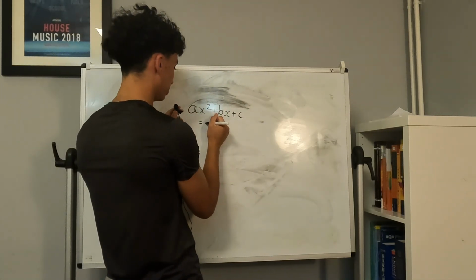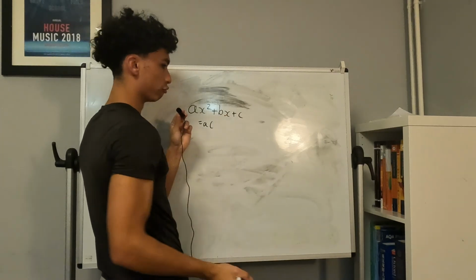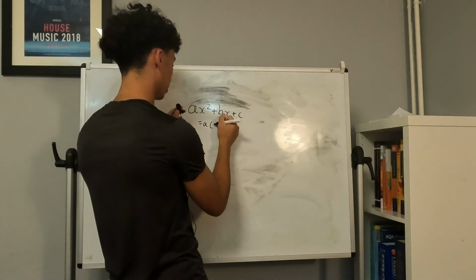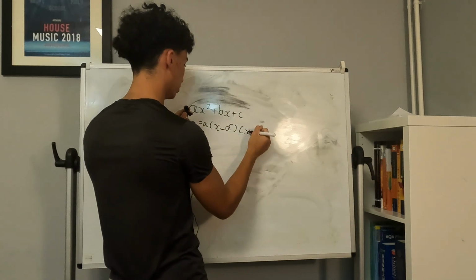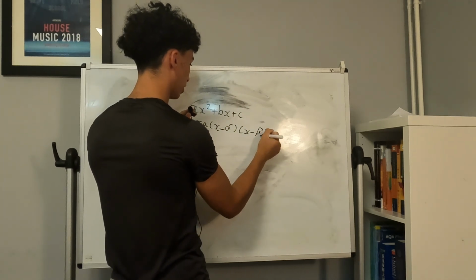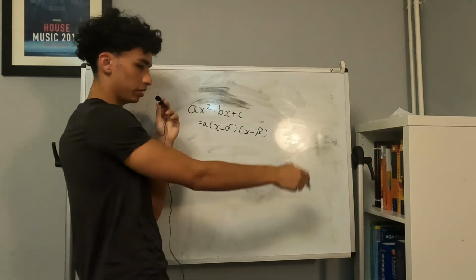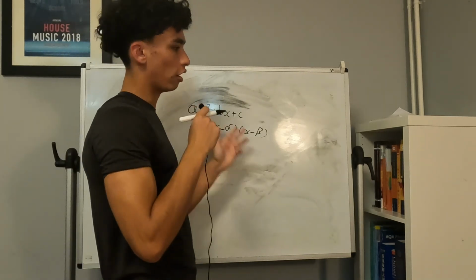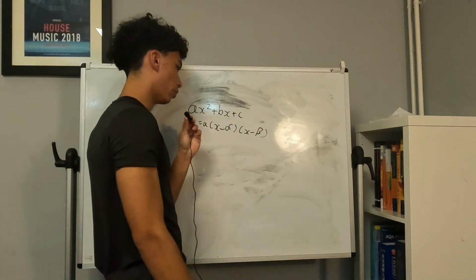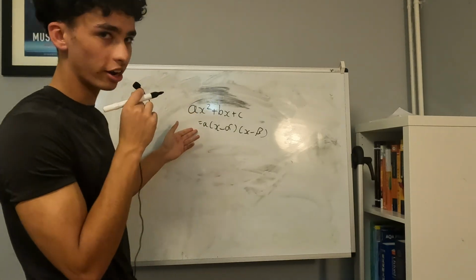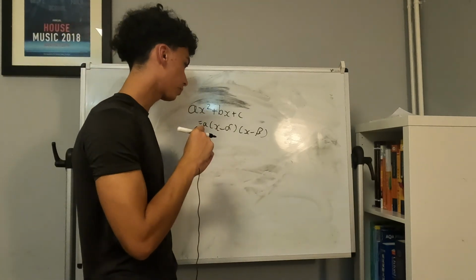So this will be equal to a, if we have the roots alpha and beta, x minus alpha times x minus beta, as you guys know. And if this were to be equal to 0, the roots would be alpha and beta, and a as the leading coefficient. Now we have the left hand side and the right hand side, right?